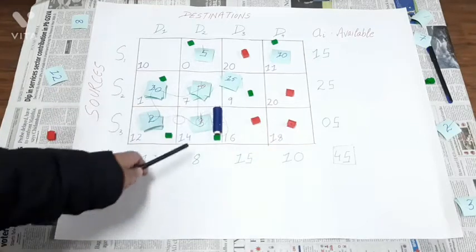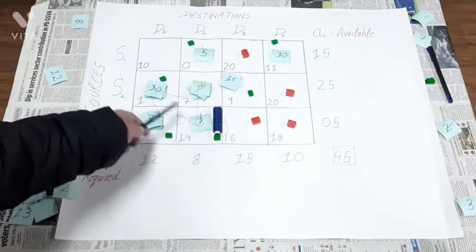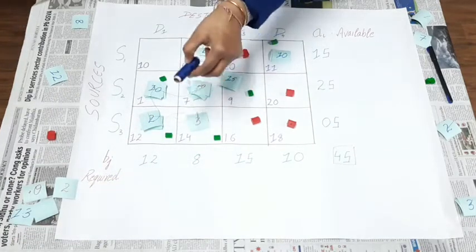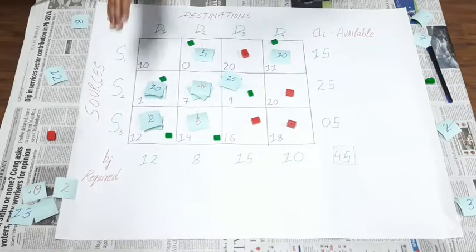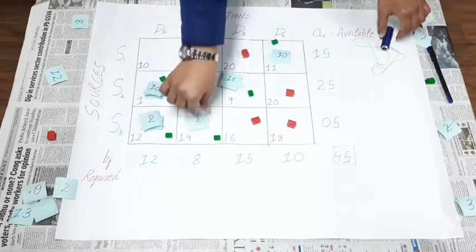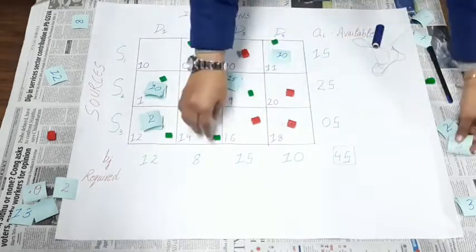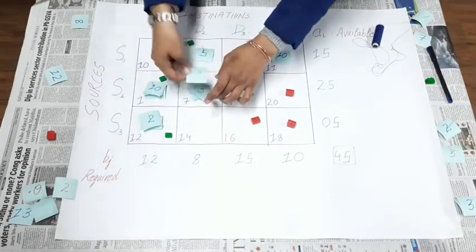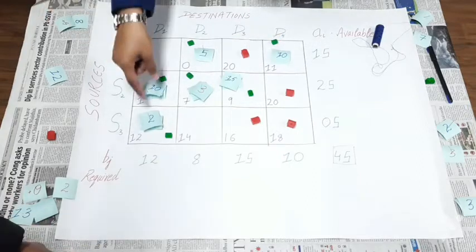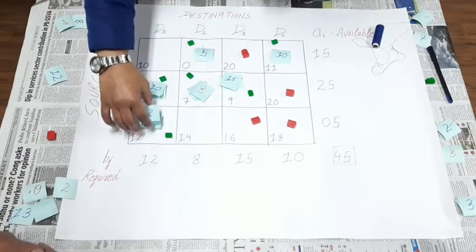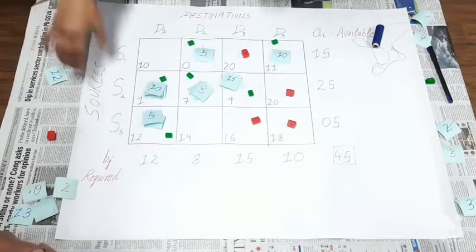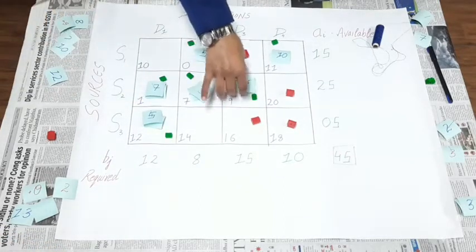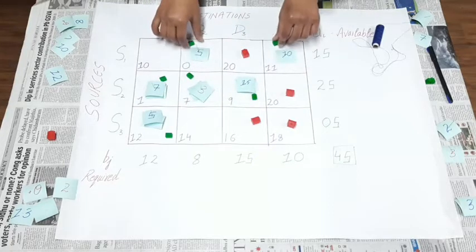So we will take out the minimum of these, 3 and 10. And the minimum will be 3. So 3 units will be shifted around our closed loop. This will go out and this would be our basic feasible solution: 3 and 2 plus 3 is 5, 10 minus 3 is 7, and hence this is our third basic feasible plan.